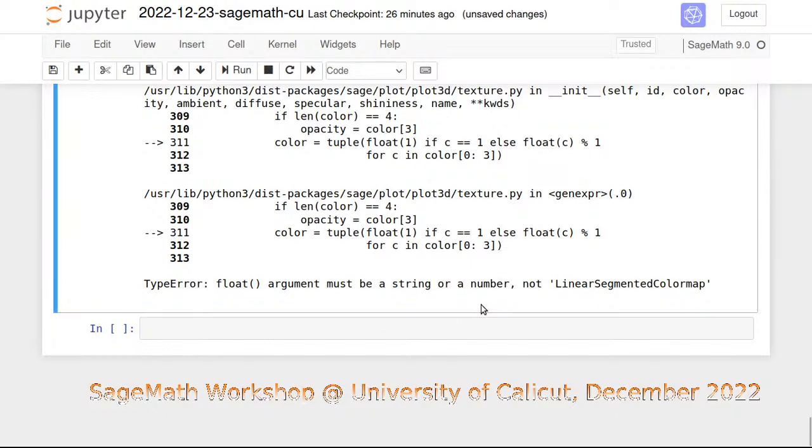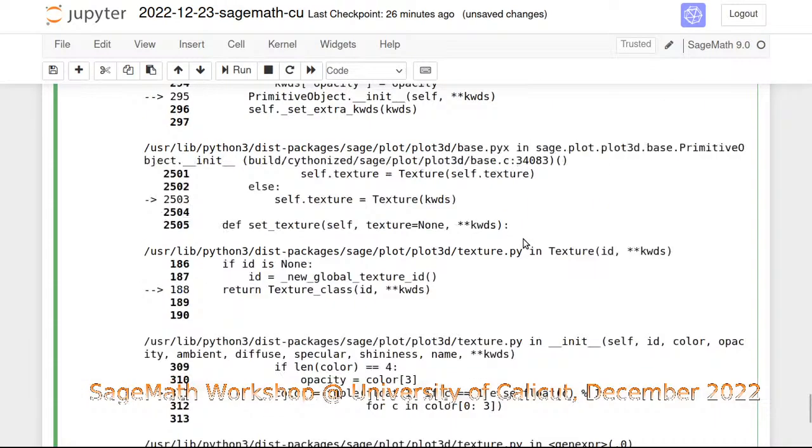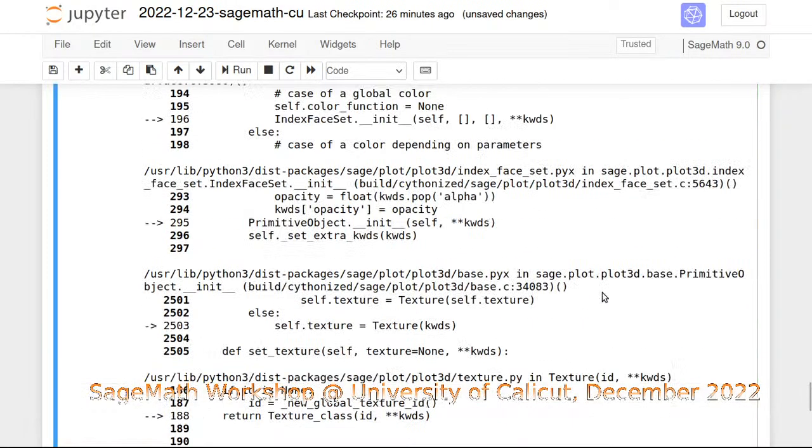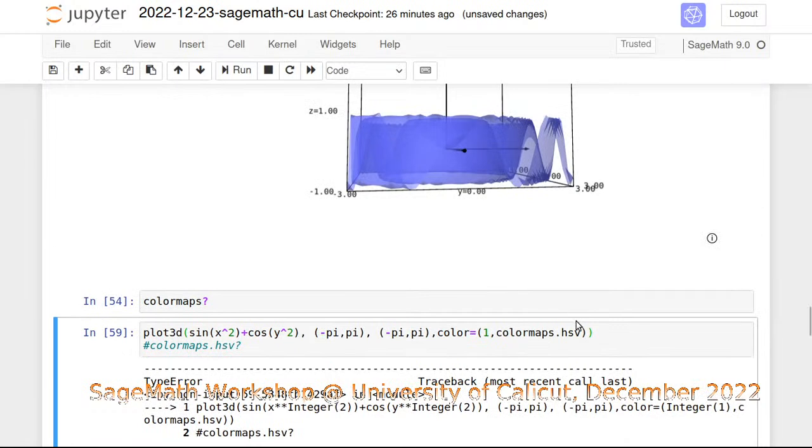I think here also I need to do something else extra. So let me just define this color. If C is equal to, the C is creating some trouble it seems. So this one is creating some trouble. Therefore let me just give x square plus y square.